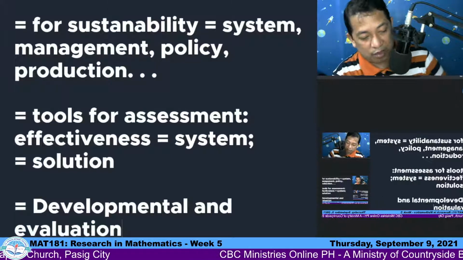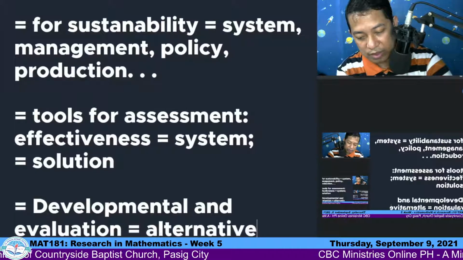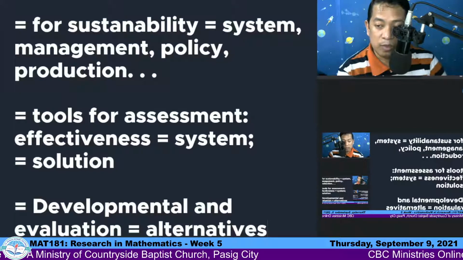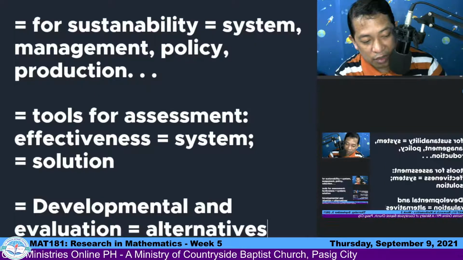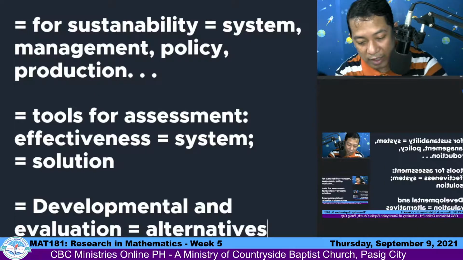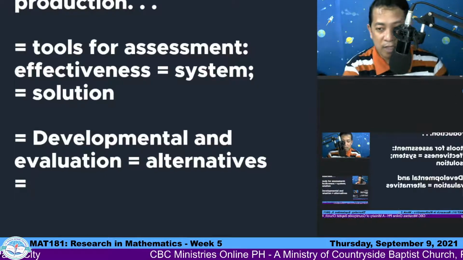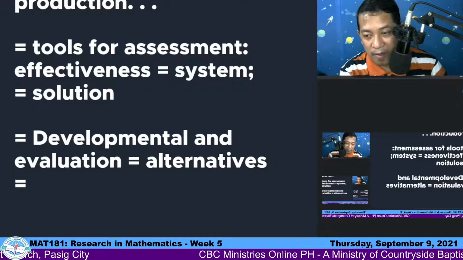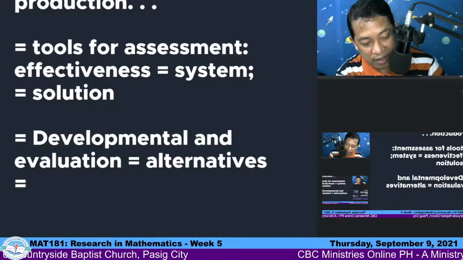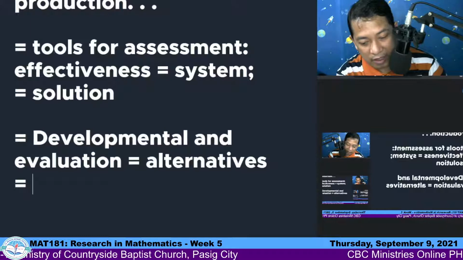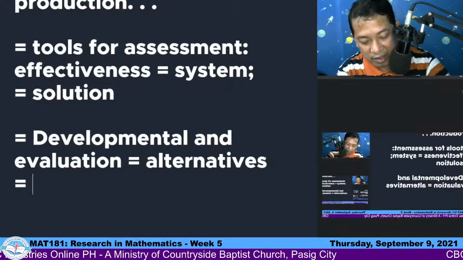Now, the purpose is for us to have alternatives to the norms, alternatives to the current situation, particularly on the aspect of the educational system. So since we are dealing here with mathematics education, we are focused on this particular area of discipline where we could have alternative approaches to educational aspects.